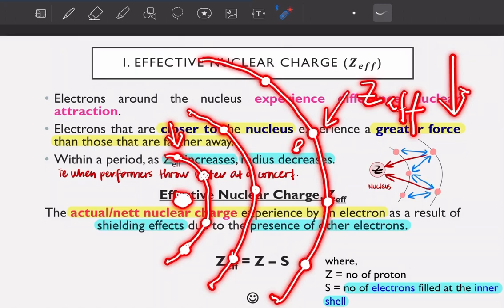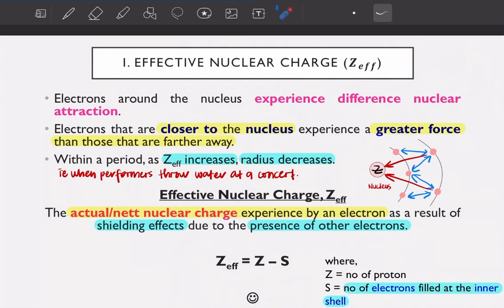So, audience yang kat belakang ni, the furthest away from the performer. So, dia tak rasa lah air tu dekat muka dia. Okay. So, that is because it is being shielded by the electrons in the inner shell. Ada banyak lagi orang lain yang block diorang ni daripada rasakan the full nuclear charge.